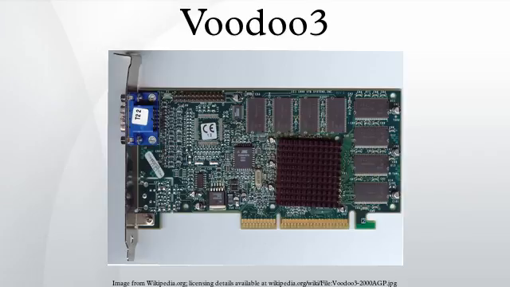The Voodoo 3 2000, 3000 and 3500 differed mainly in clock frequencies. The clock rates were 143 MHz, 166 MHz and 183 MHz respectively.